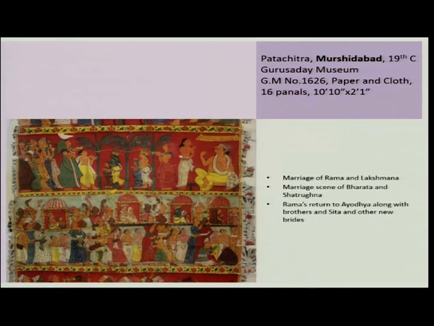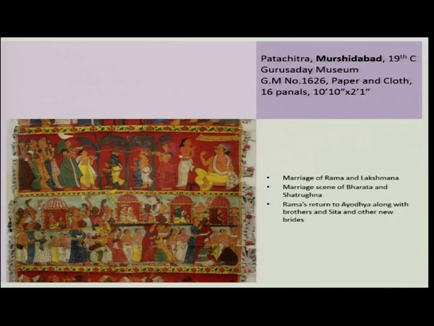But it is also true that the figurations are extremely influenced by the 5th century narrative panels of Ajanta, and I think it has come here through Western Indian Rajasthani miniature paintings, because Murshidabad was the center of the ruling authorities, and they commissioned many artists from Western India, especially from Rajasthan.